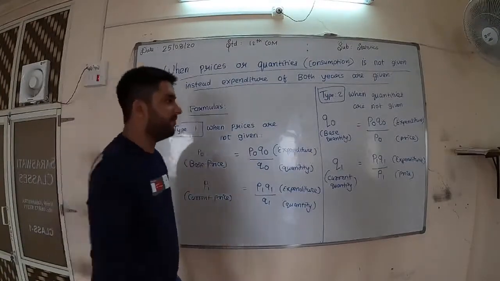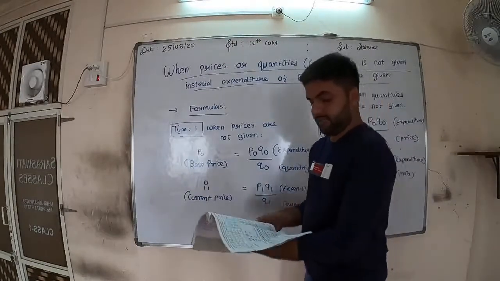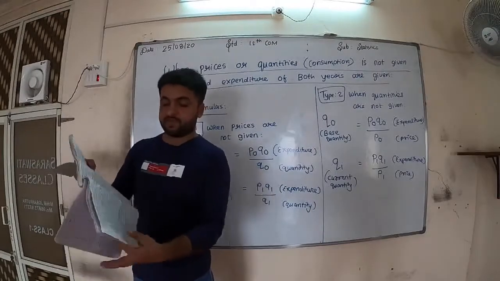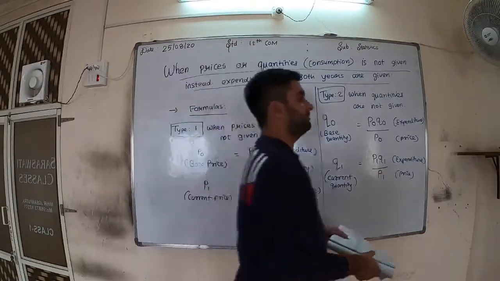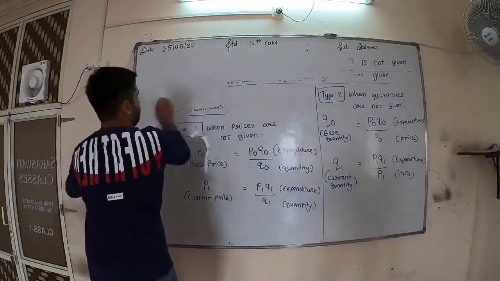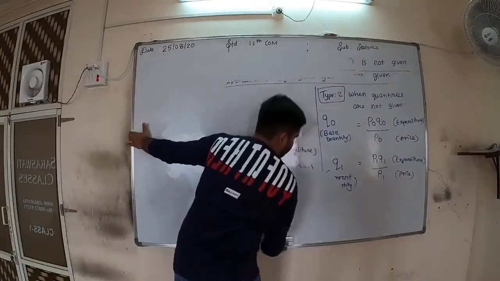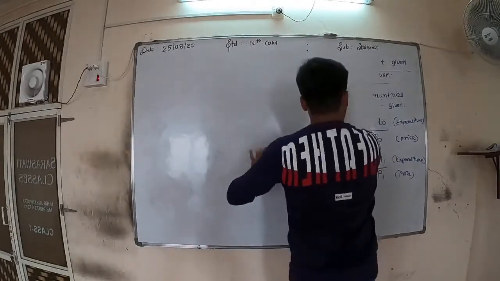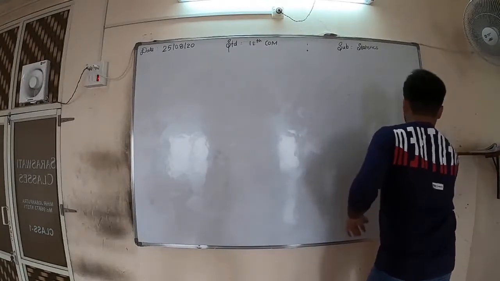And now we are going for the next sum. In exercise 1.3 we have sum number 6, page number 30. On page number 30, everyone read the sum and understand whether prices are missing or quantities are missing.